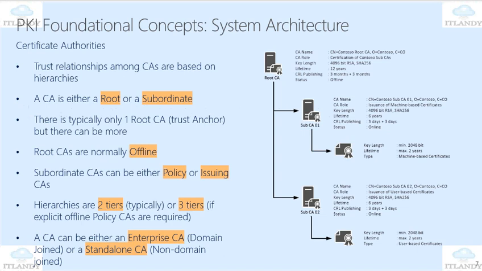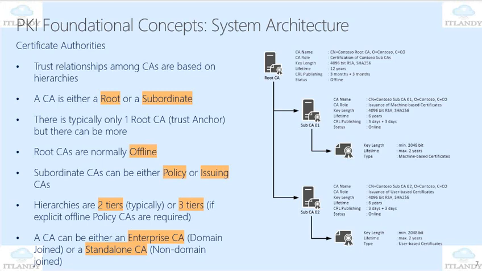Let's have a look. So what's the main structure for our PKI? We have the certificate authority, and usually it's called CA. Trust relationship among the CA are based on the hierarchy. So you go the root CA, and underneath the root CA, if you look at the structure on the right hand side, you have the sub CA1, 2, and 3, and so on, depend on how many of them you have, the subordinate.